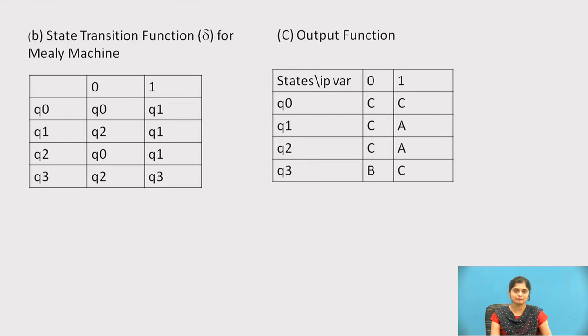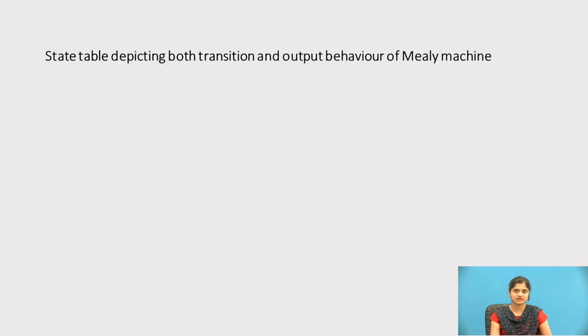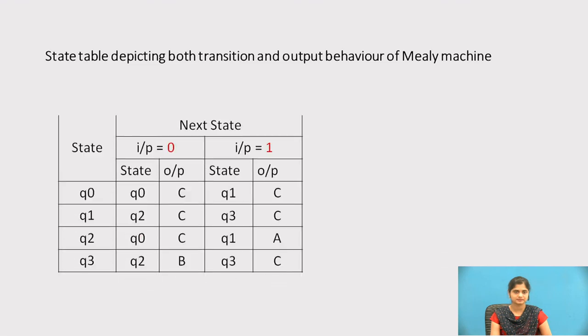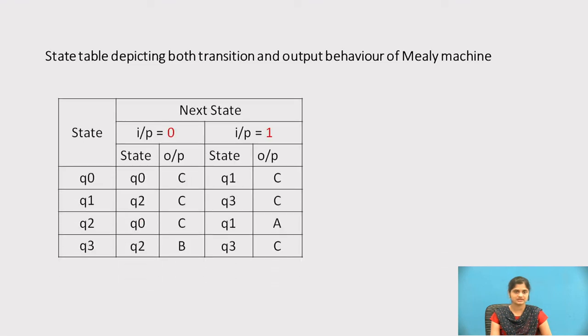Now combining both the function tables, we will draw the state table depicting the behavior of the Mealy machine. So here we are having the states Q0, Q1, Q2, Q3, then two inputs 0 and 1.